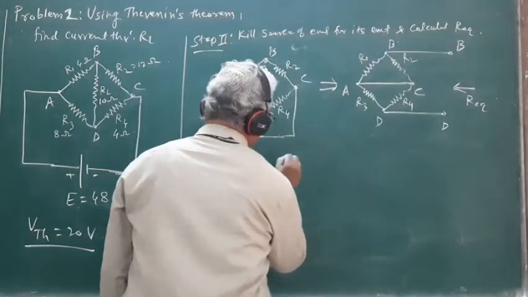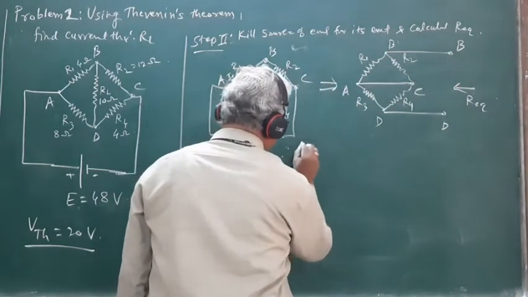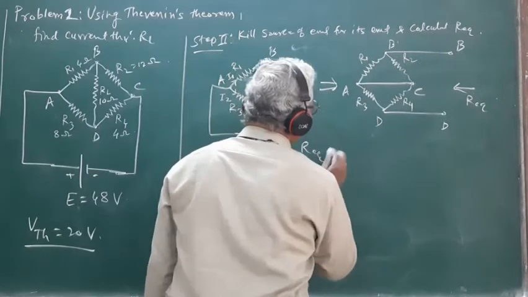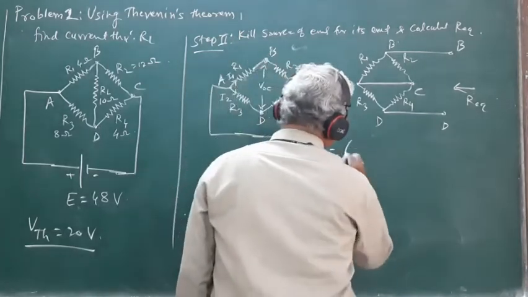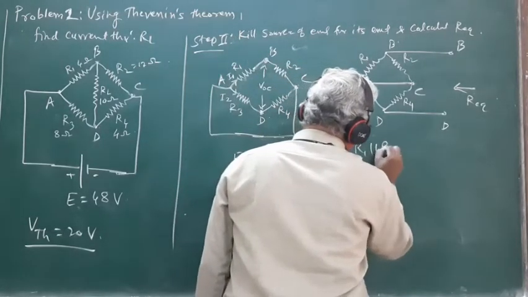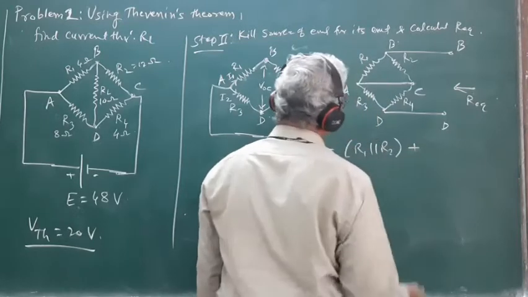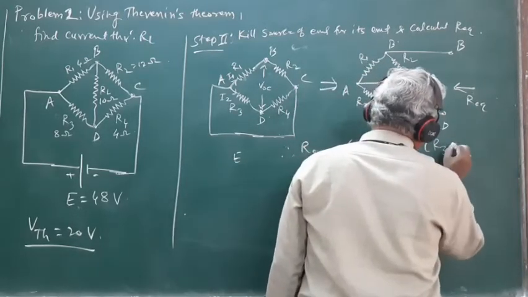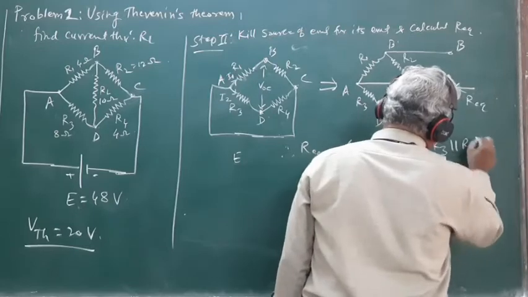So R equivalent works out to be equal to R1 parallel R2 plus R3 parallel R4.